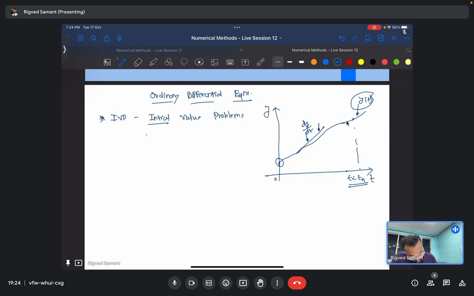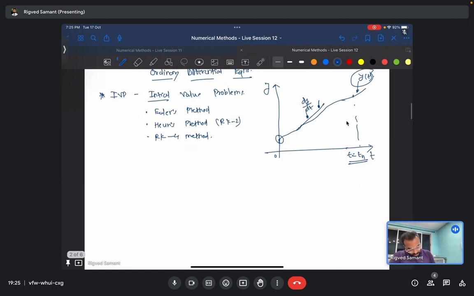We solved that using Euler's method, Heun's method, and the RK2 and RK4 methods. We also saw the order of accuracy in the last class, how to calculate it, and how to improve the accuracy of the solution by doing some extrapolation with the same method. So this is the initial value problem.